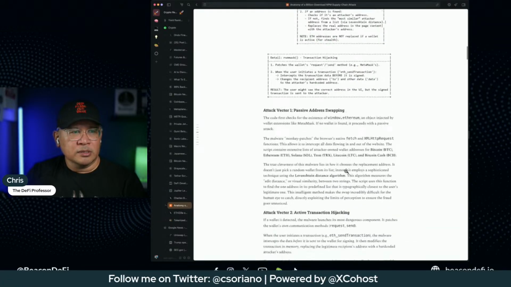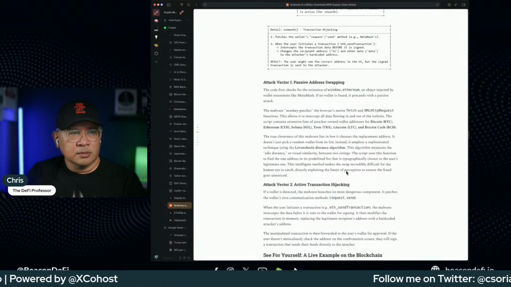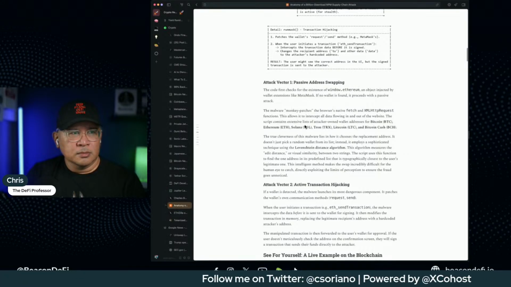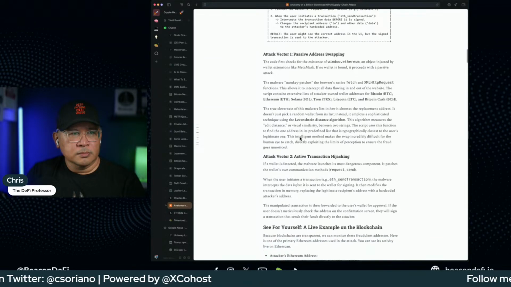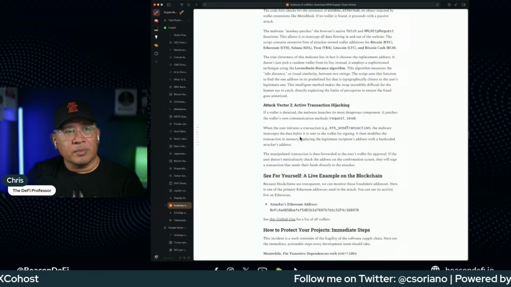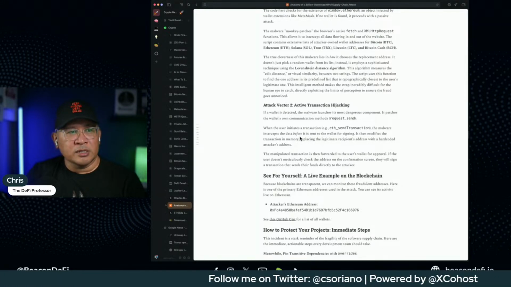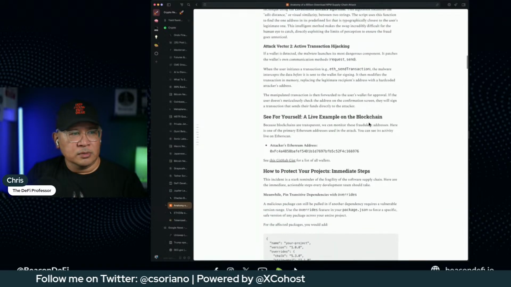Okay, so it looks like this is mainly ETH, but actually, I take that back. It uses active transaction hijacking, so it doesn't matter if you're using Ethereum.